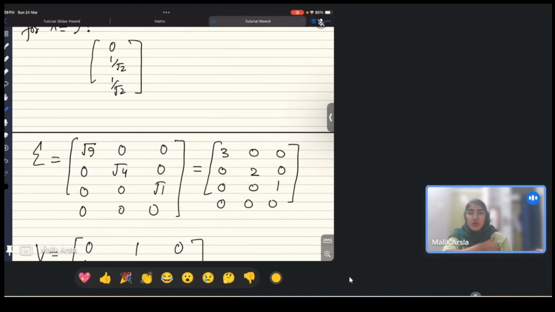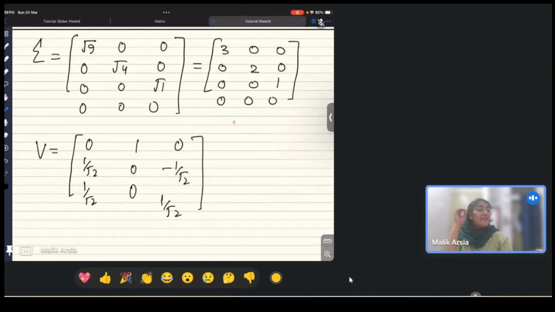That you understood how we get. After that, when we are writing V, we have to maintain the order. In sigma also we keep descending order. Here we have to keep 9, here 4, and here 1. You cannot put under root 1 here or under root 4 here. You have to follow the descending order.